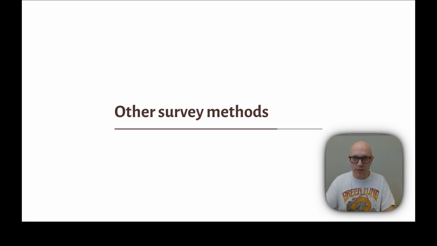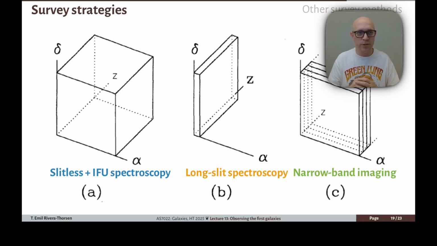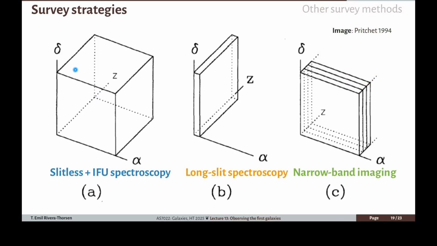And we're now going to look at the emission line galaxies and how we do those. So if we want to look for emission lines, there are basically three different strategies we can adopt. First off, we can do slitless spectroscopy, or we can use an IFU.